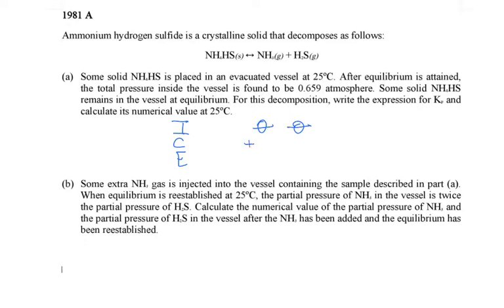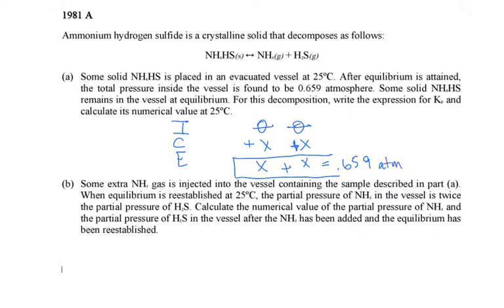Their change would be plus x and then plus x, because looking at the stoichiometry, these would each have coefficients of 1, so this is plus 1x and plus another x. So your equilibrium amounts are going to be x and x. If we add these equilibrium amounts together, their total pressure is going to be 0.659 atmospheres.